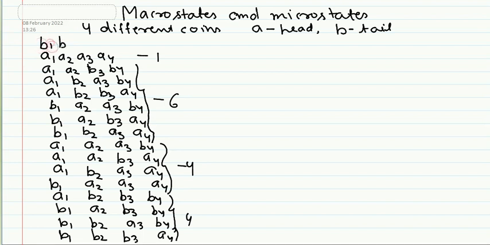So it is B1, B2, B3 and B4. This is 1. So this set, where we get 2 heads and 2 tails, will give 1 macrostate. All these, 1, 4, 6, 4, 1, are the macrostates. So we have 5 macrostates.